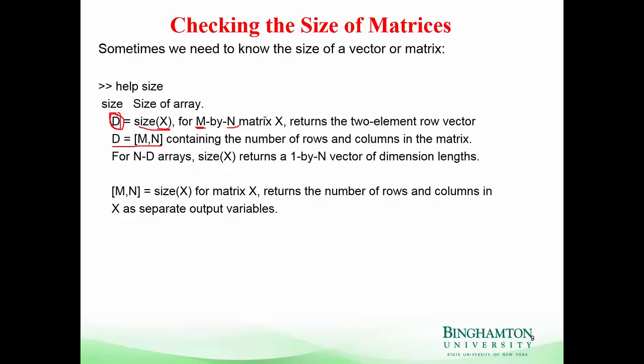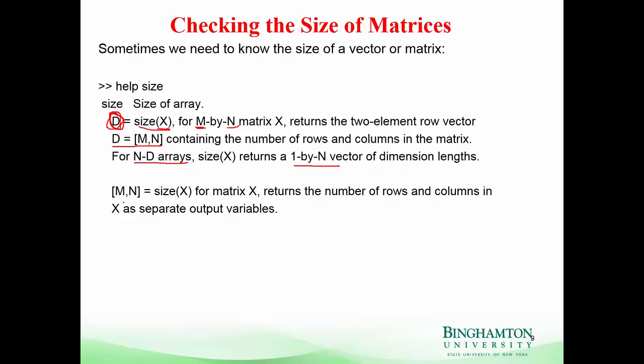Matrices are 2-dimensional arrays. We could go to higher order arrays, which we'll talk about in a later note set. For an n-dimensional array, say a 2 by 3 by 4, we wouldn't have a 2-element vector here. We would have an n-element vector telling us all the dimensions.